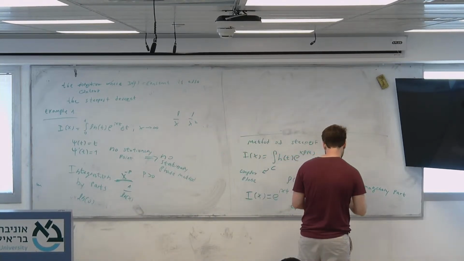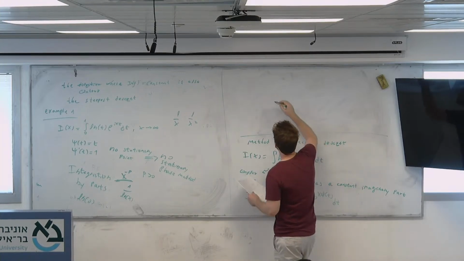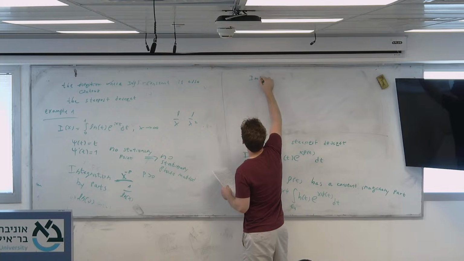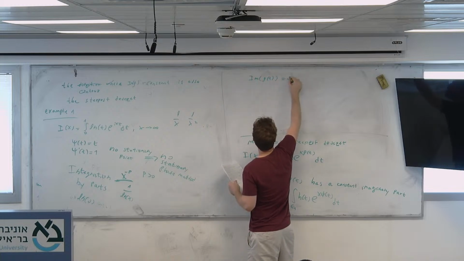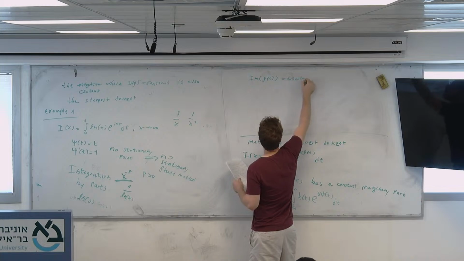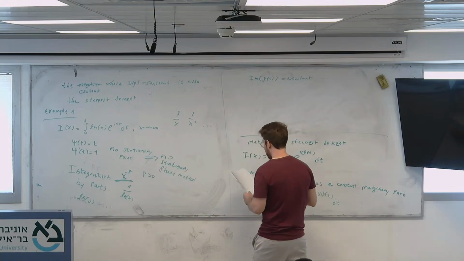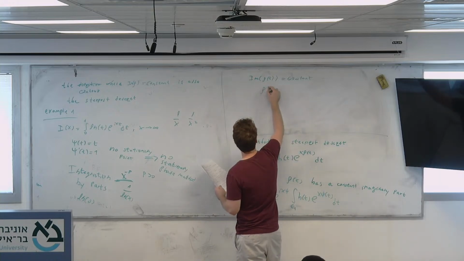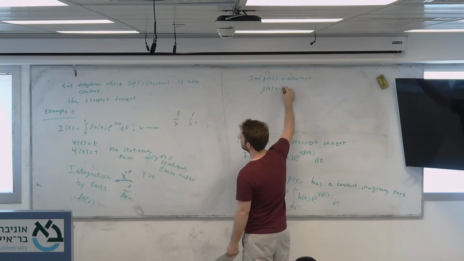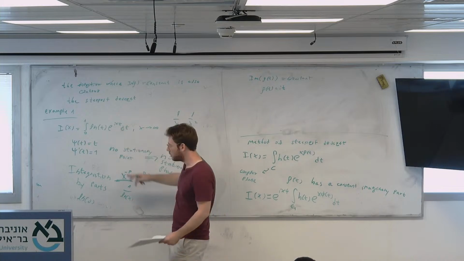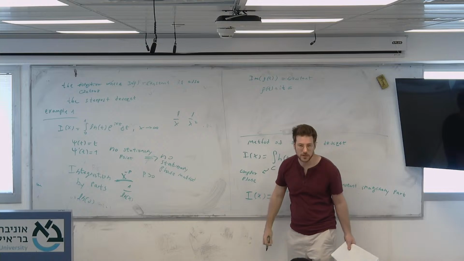Okay, so the idea is you want to find where the imaginary part of rho of t is constant. You know that rho of t is it, and we treat t as being in the complex plane.